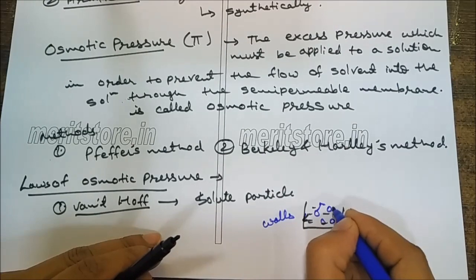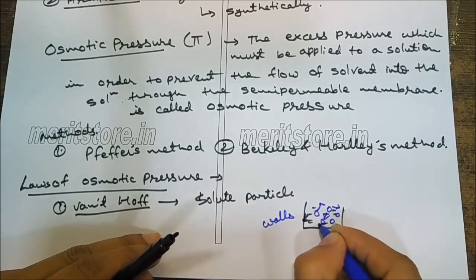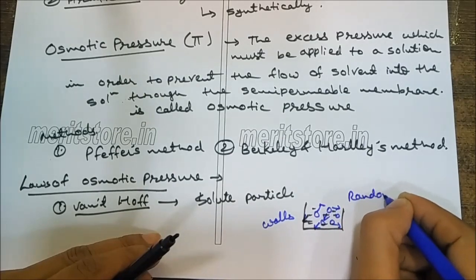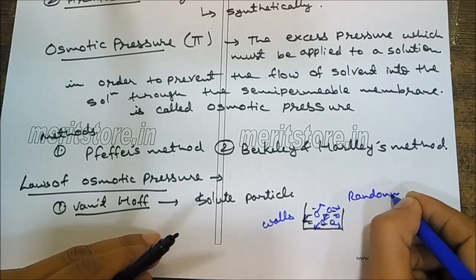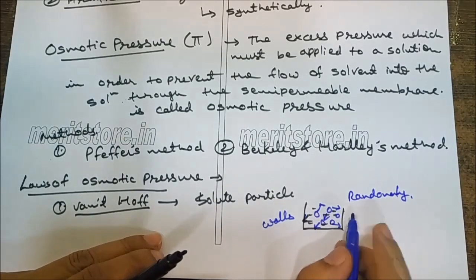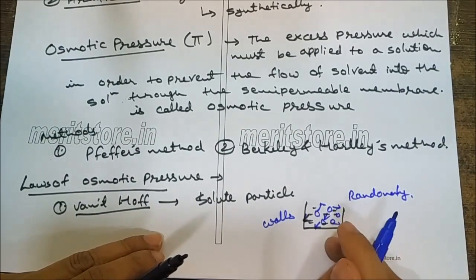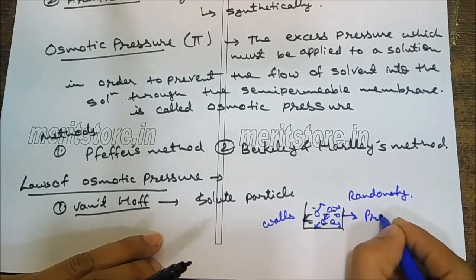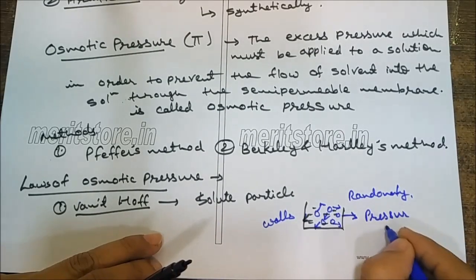They are moving randomly and exert some pressure on the sides of the container. This pressure is called osmotic pressure.